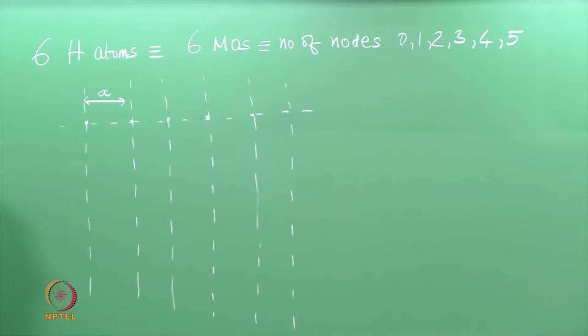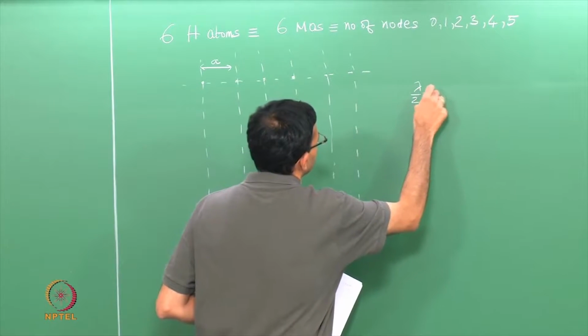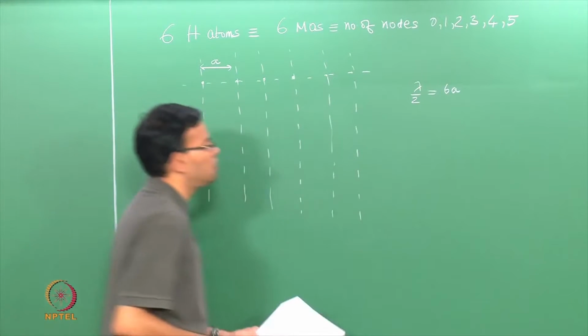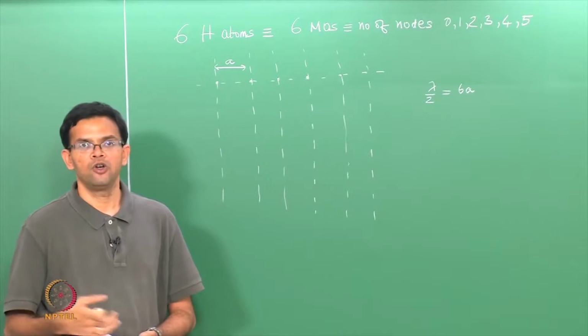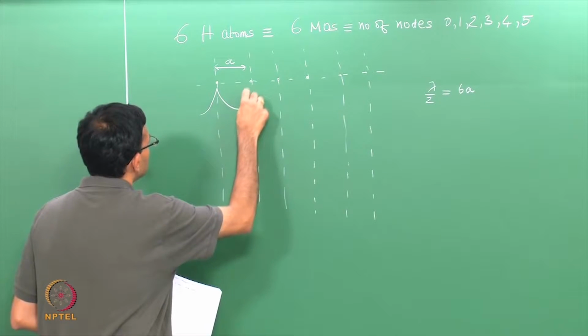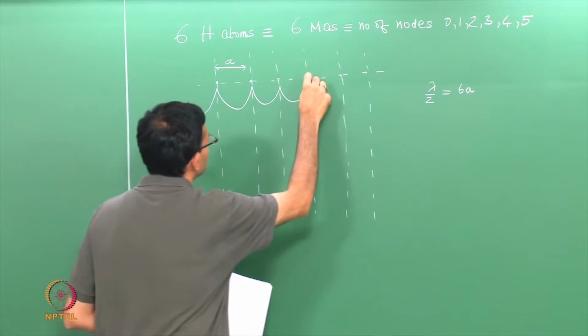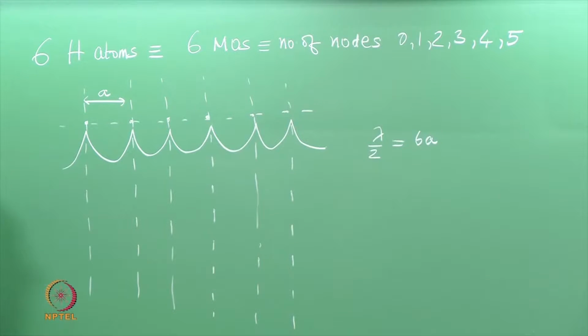The first case is 0 nodes. So, that lambda over 2 is 6A. It is the same as the 3 hydrogen atom situation where lambda over 2 was 3A. So, if you draw this, we have the 6 atomic orbitals mixing to form one molecular orbital which has 0 nodes.